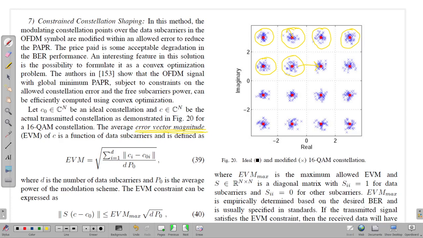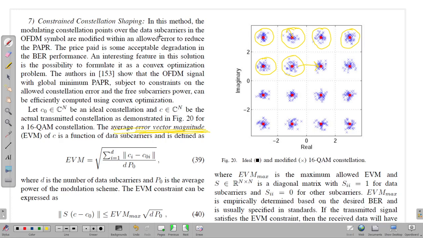So the modified constellation points should lie within the error vector magnitude. Okay, the radius should be within the average error vector magnitude, EVM.